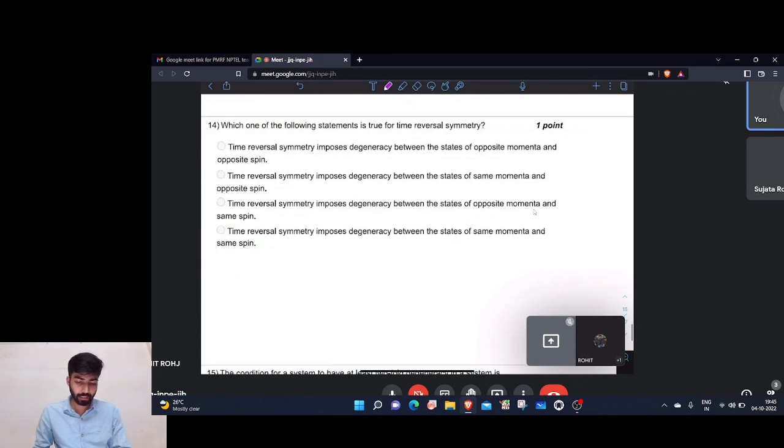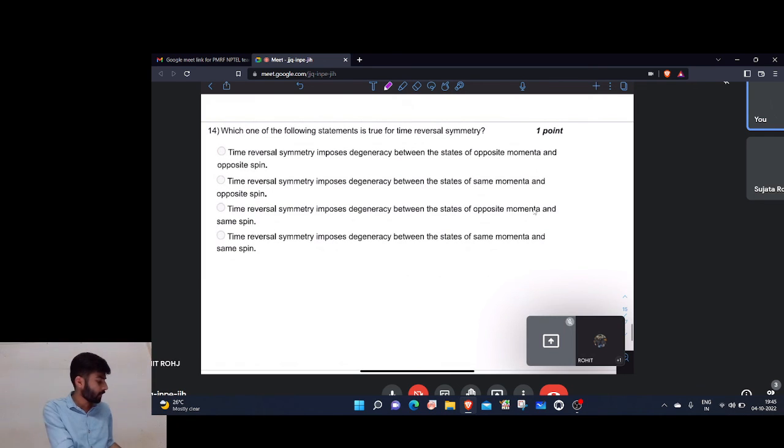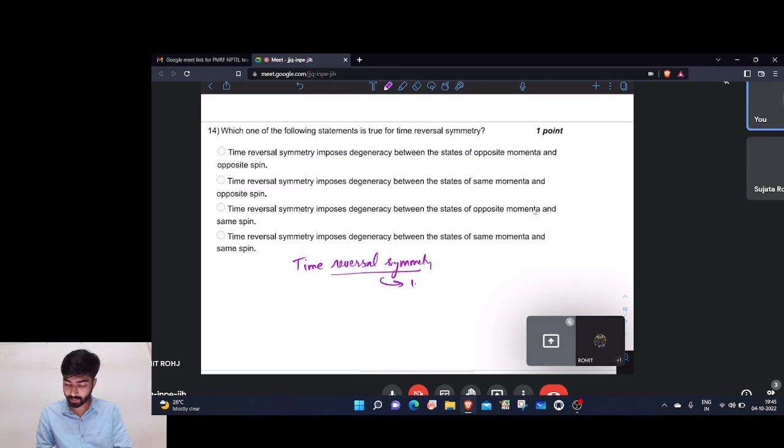Now the question number 14 says: which one of the following statements is true for time reversal symmetry? In the case of time reversal symmetry, if one does the calculation, what it does is impose degeneracy.